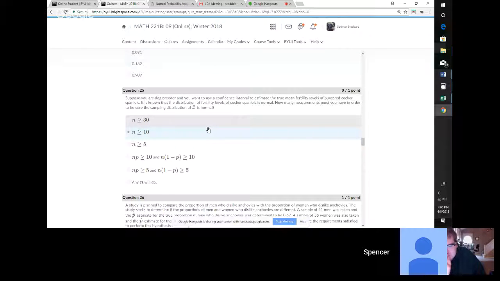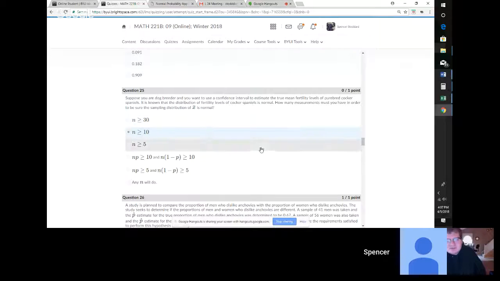Any n will do? That can't be the case, right? Because, well, it's normally distributed, so it doesn't matter. Yeah, it's true. Because it says here it is known that the distribution of fertility risk is normal. So that was the hidden clue there. Because if it's normal, it doesn't matter what sample size you use, it's going to be normal. Okay. That is the law of large numbers.